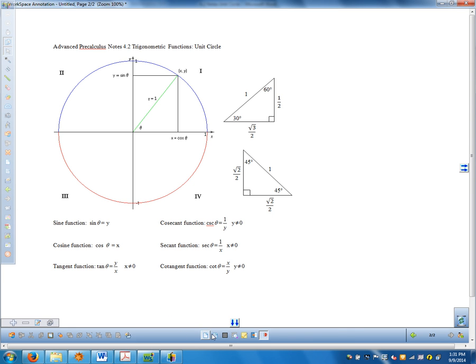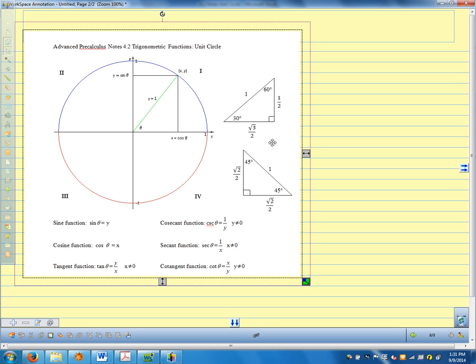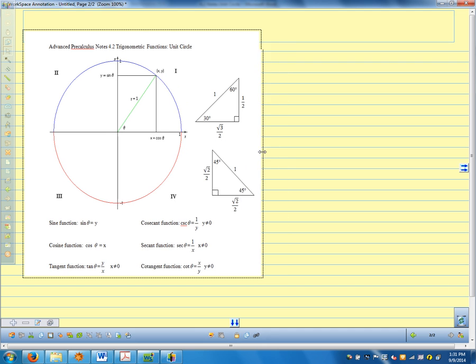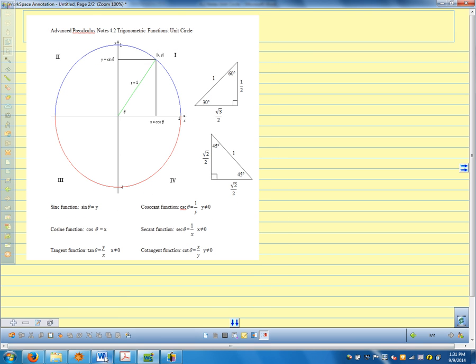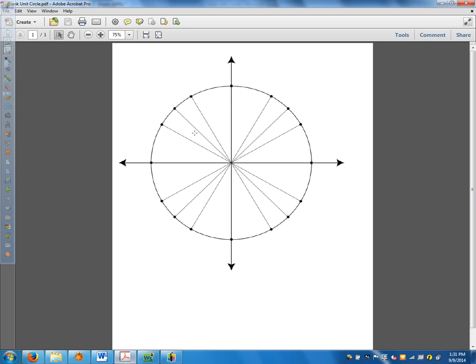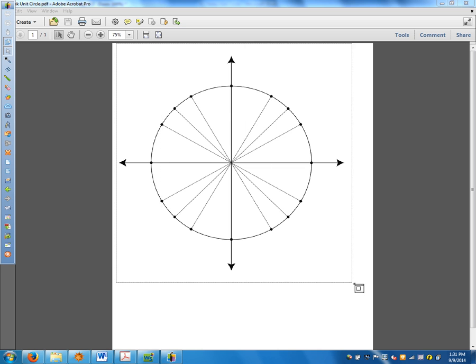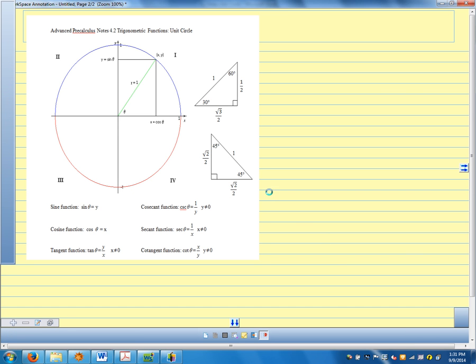I'm going to make this a little smaller because I'm going to do two things at once here. This is exactly like what's on the bottom of your radian snowman. We'll fill in part of this together while we talk about the other part of the unit circle.